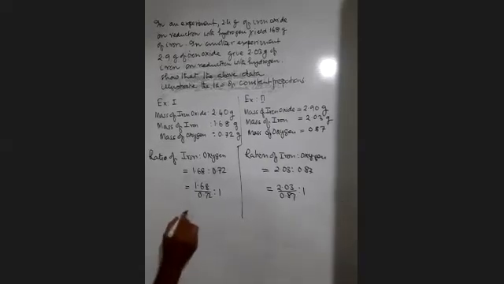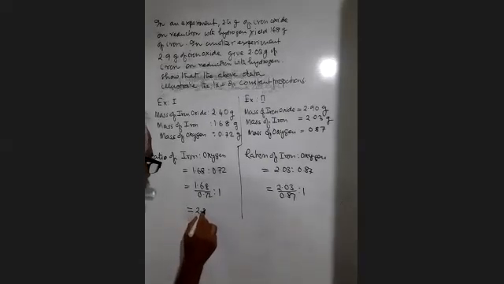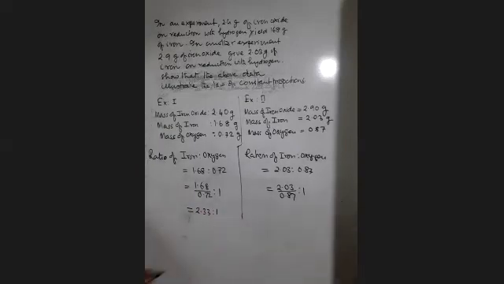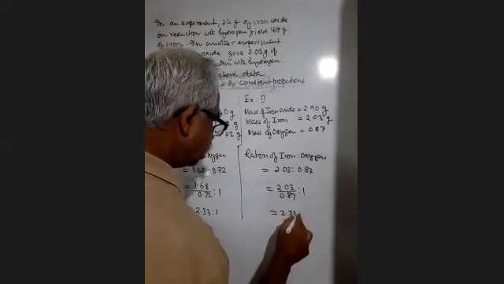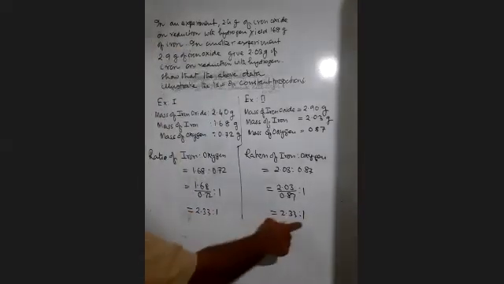So it is 2.33 is to 1. Okay. And we find, interestingly, this is also 2.33 is to 1. See here, they combined with the same ratio.